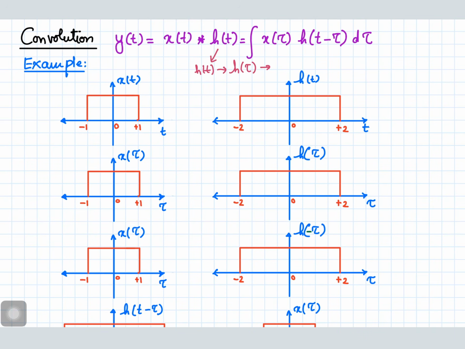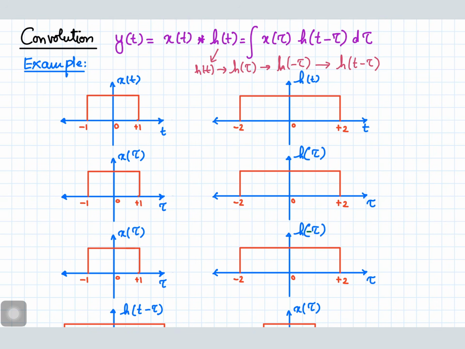Then you find h of minus tau and shift it by the time t so that it is represented as h of t minus tau. These are the steps to find h of t minus tau when h of t is given, and in x you are just replacing time with tau.